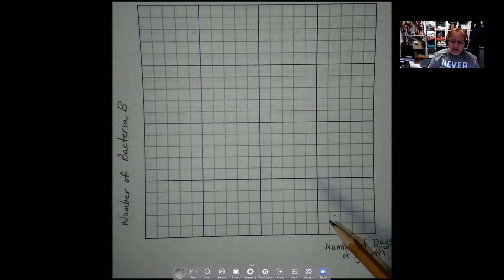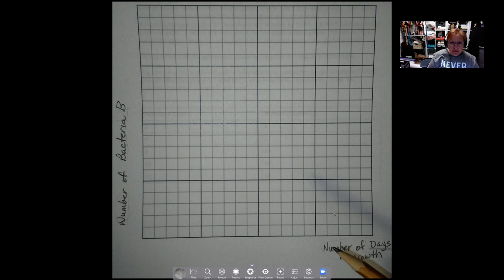Then we have to decide how we're going to do the counting. The way you decide that seems a little tricky, but it's really not. You have to find the range of the data, and then you divide it by how many grid lines you have. Then we're going to count by an easy number. For example, if you were going to count by 1.3: 0, 1.3, 2.6, 3.9, I don't even want to go any higher because then I have to think.